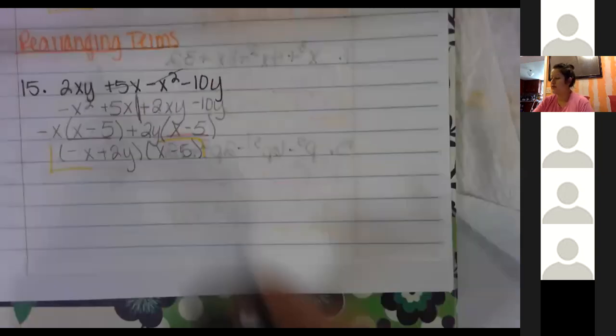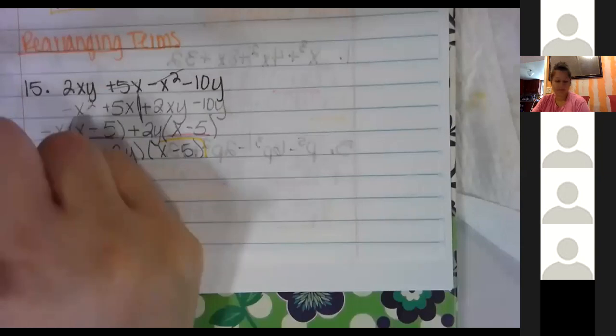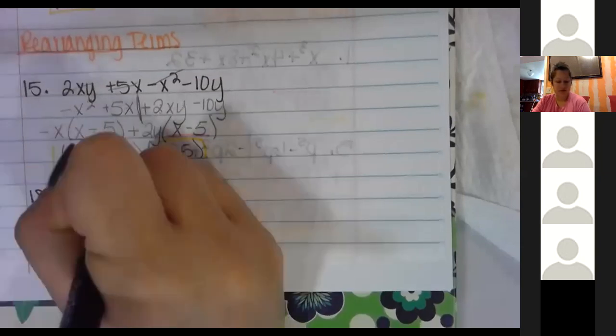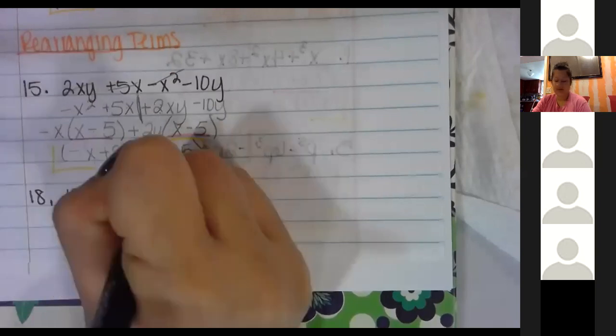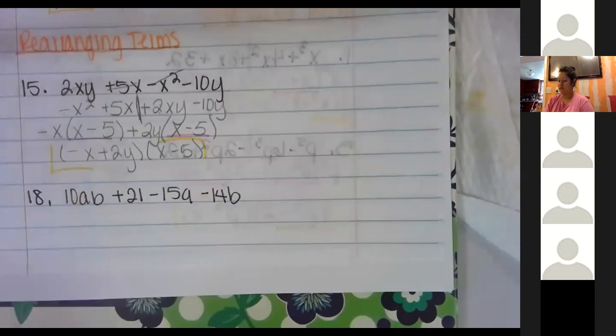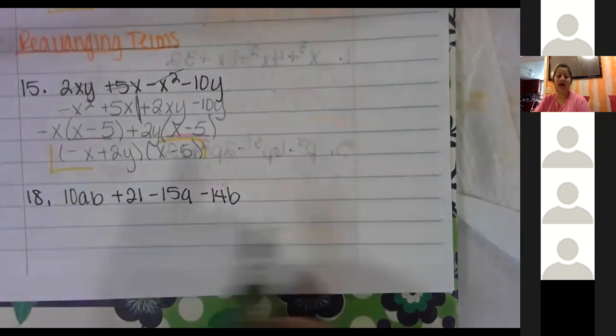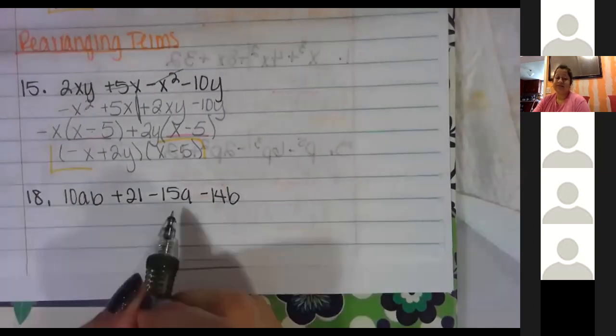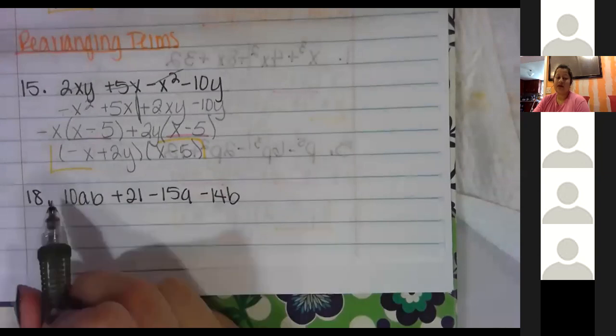And then I just want to rearrange 18. It's 10ab plus 21 minus 15a minus 14b. I'm not actually going to factor this one, I'm just rearranging it. They all have a power of 1, but go with the a's.